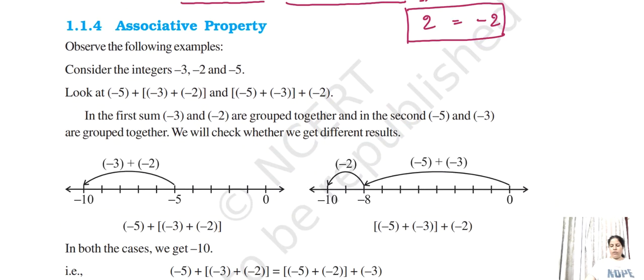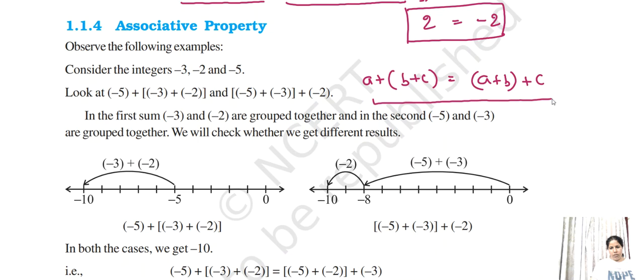Then we will check the associative property. In the associative property, it is something like a plus b plus c equal to a plus b plus c, with the brackets grouped differently. We will check whether these numbers are following this property or not.